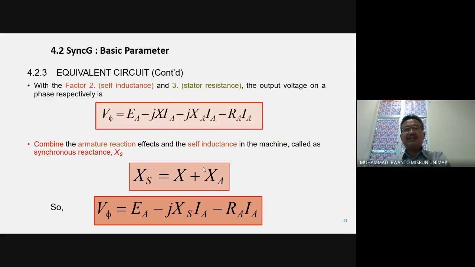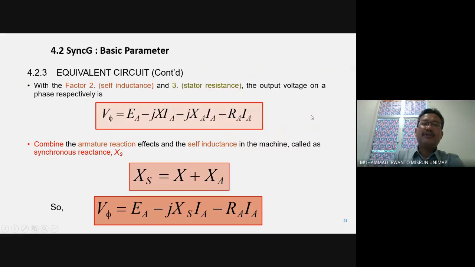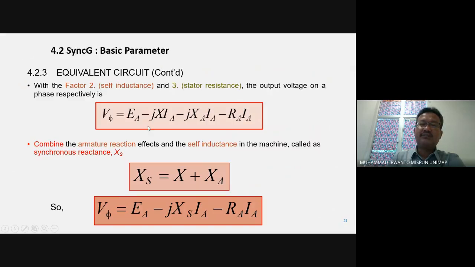And if we consider the second and third factors, meaning the self-inductance or armature reactance and also the armature resistance RA, with XA here and RA here, the phase voltage or terminal voltage can be written like this.